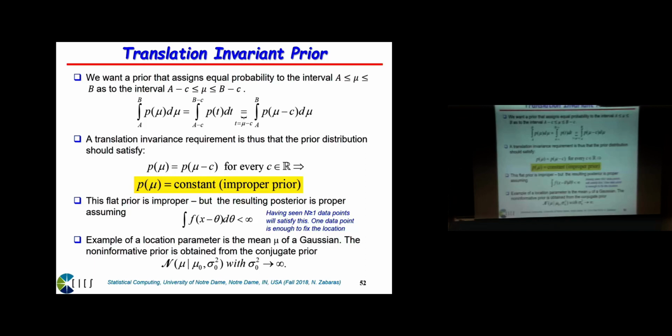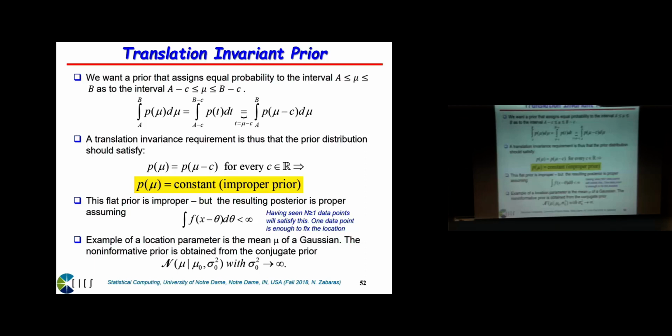Okay? And that's where the uniform distribution comes from: when you say, what should I use for the mean, and you say, I'm going to use a uniform distribution. It's a translation invariant prior, and P of mu is constant.